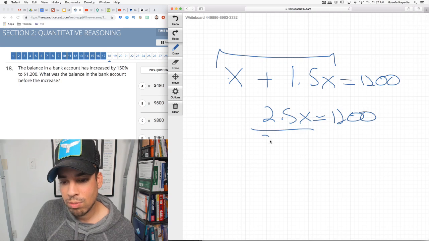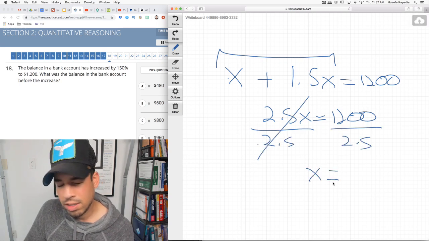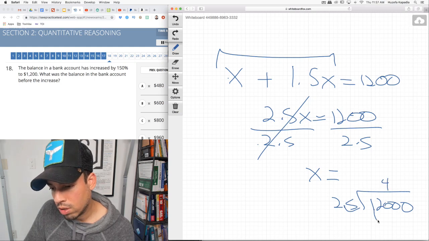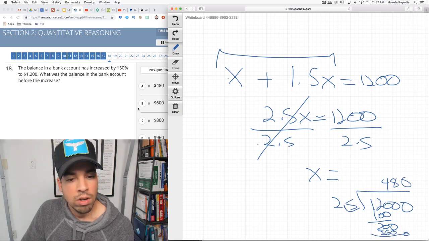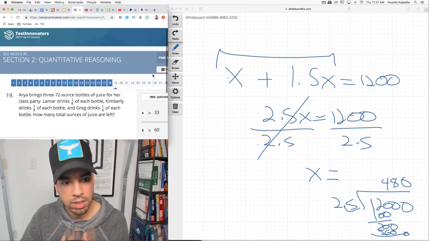And then to isolate x, we divide both sides by 2.5. X equals, move the decimal over, 25 goes into 120 4 times. 25 goes into 200 8 times. And then it's just 0. So it's 480. Okay, next.